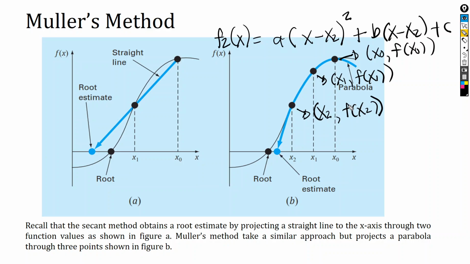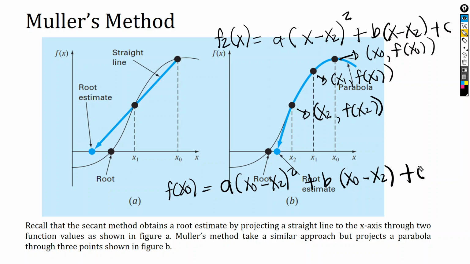So the coefficients of this equation can be evaluated by substituting each of the 3 points. For example, for f of x0, we have a times (x0 minus x2) squared plus b times (x0 minus x2) plus c, as you can see in this parabolic equation.